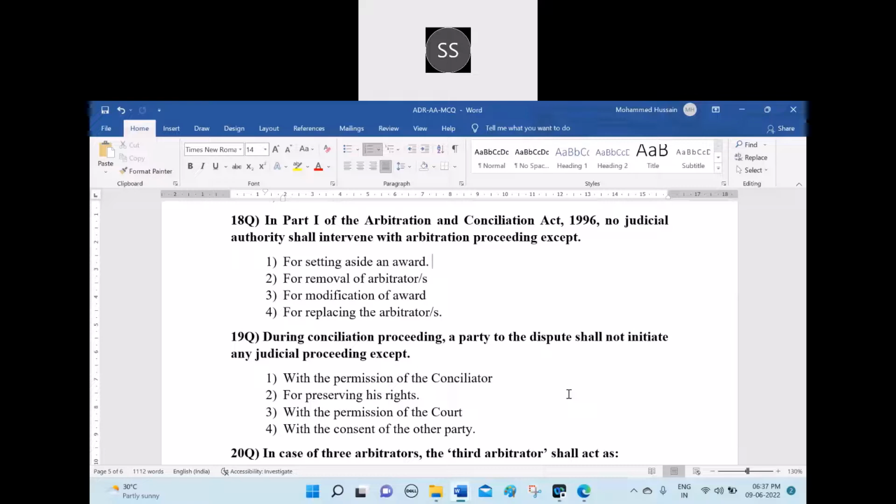Which is the relevant option? The right option is for preserving his rights. Number 2 is the right answer for the 19th question.